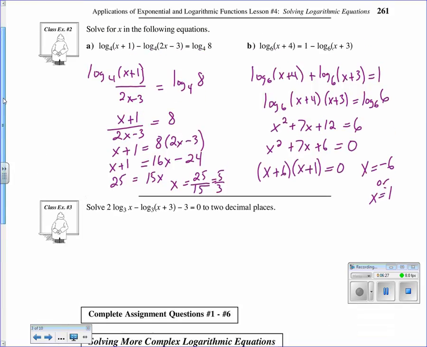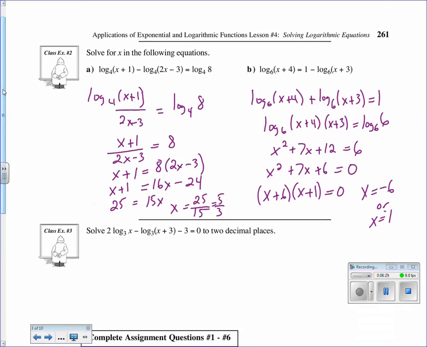And I'll do this one first. So 5 over 3 was equal to x. So what I'm supposed to do is evaluate log base 2 of 5 over 3 plus 1 minus log base 2 of 2 times 5 over 3 minus 3.